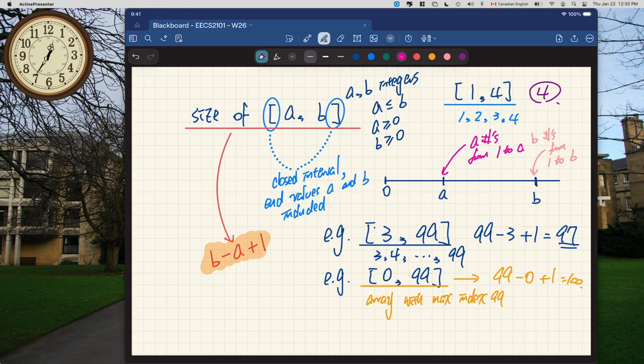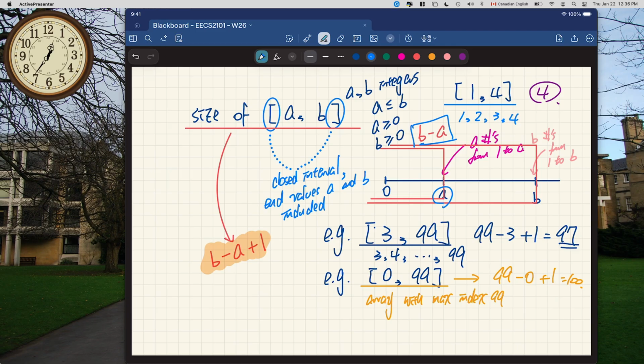If I simply say B minus A, in that way, I'm effectively subtracting this part here and this part here. If I try to do B minus A, I'm excluding A already. I should add it back. All right?